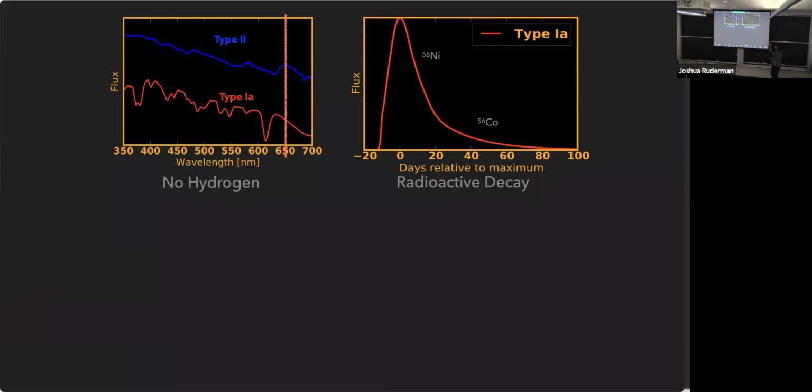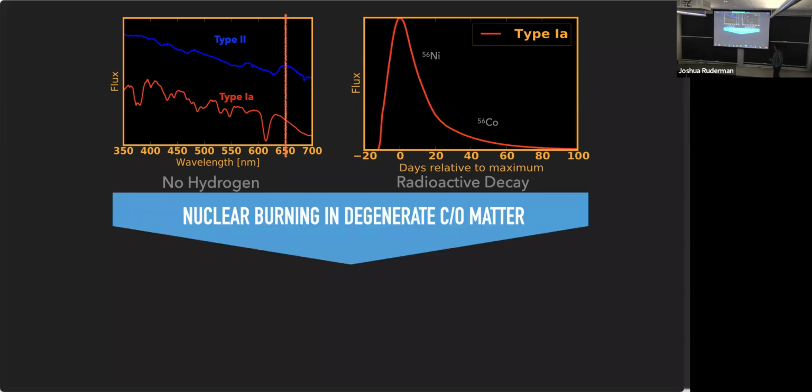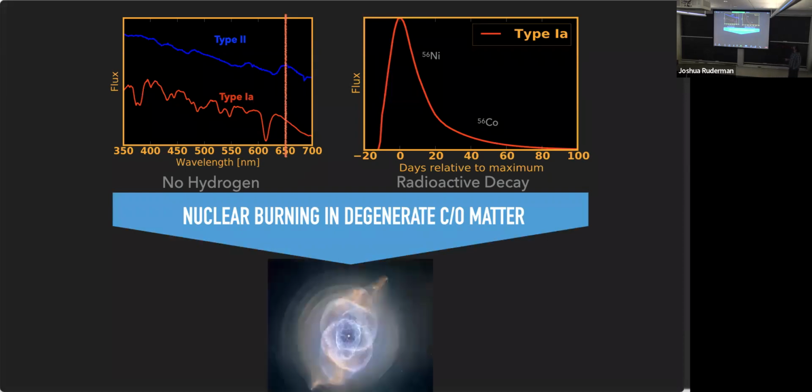If you plug in the numbers, 6.6 days, I think, for nickel 56 and 77 days for cobalt 56, and do a diffusion calculation, you will get a light curve that looks very, very similar to this. So essentially, what we know is it must be nuclear burning in degenerate CO matter, and it must be something like white dwarfs.